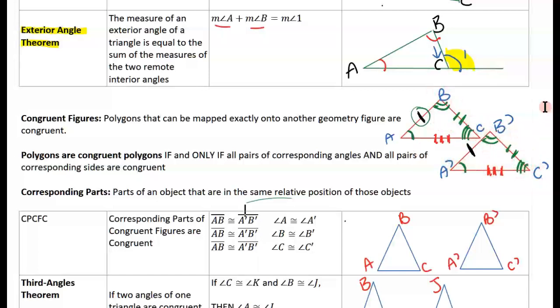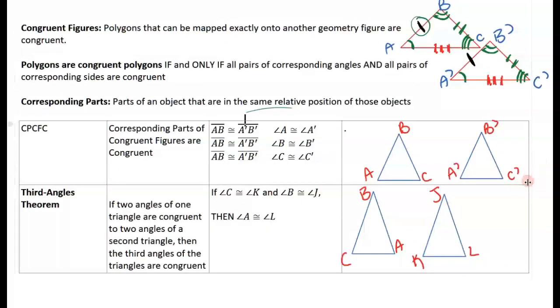So this leads us to 2 more theorems. This first one we abbreviate CPCFC. This is corresponding parts of congruent figures are congruent. This is the generic version that can be used for triangles, rectangles, octagons, nonagons, decagons.